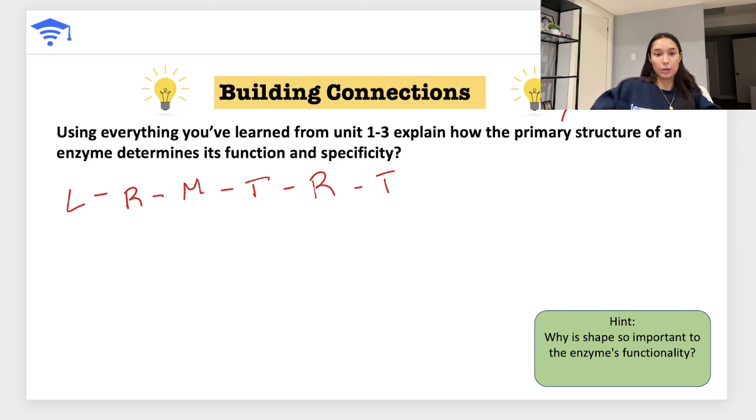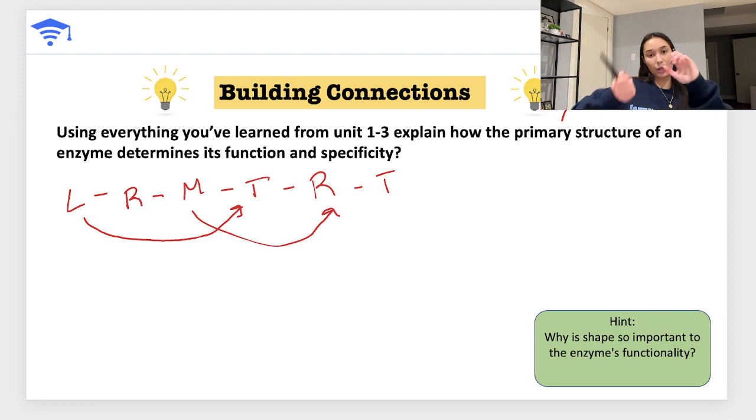This might not be super accurate, but we're just going to guess that L and T interact with one another. Can't remember off the top of my head their R groups, but let's just say that L and T interact. Okay, that is going to cause a fold. And then maybe M and R interact. That's going to cause another fold. So the sequence of amino acids is going to determine how it folds because L is always going to react with T and M is always going to bond with R.